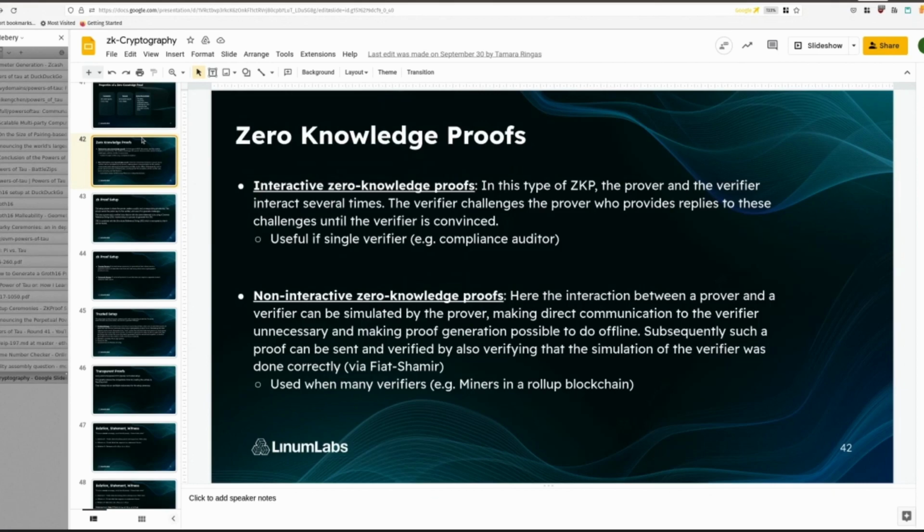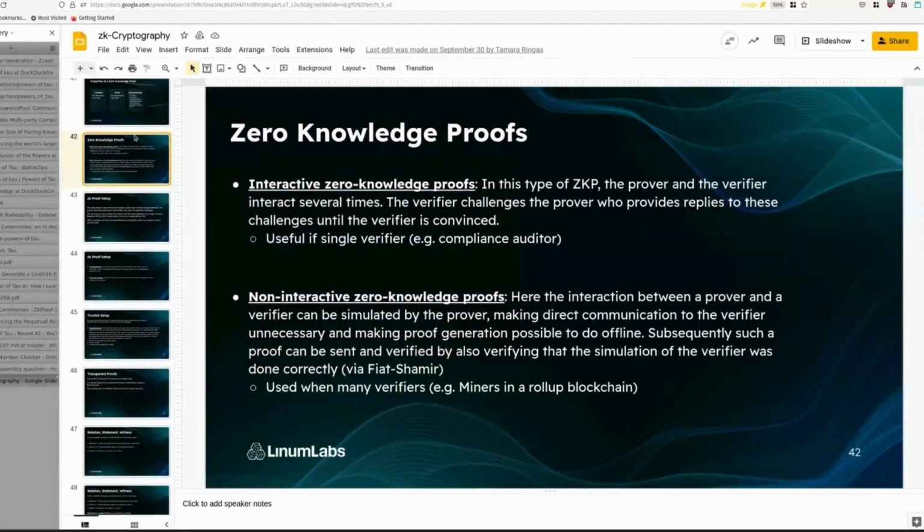Do you want to explain a little bit about ZKPs? Yeah, sure. So there are many different types of zero knowledge arguments and proofs, but there are two main types. The first one is an interactive zero knowledge proof, where the prover and the verifier interact several times, and each time the verifier challenges the prover to see if they can believe them. Then you get something called a non-interactive zero knowledge proof, which is what we'll be looking at today.